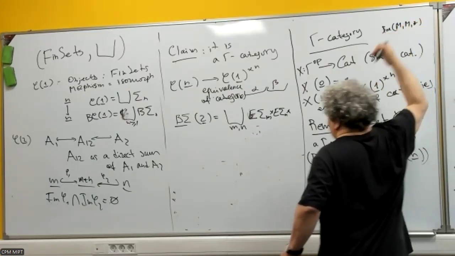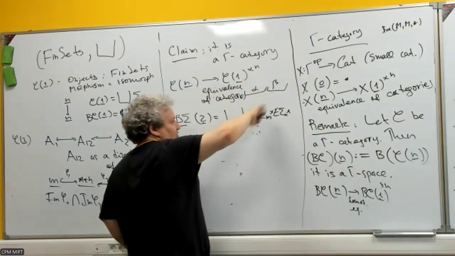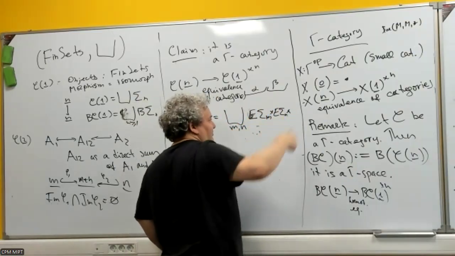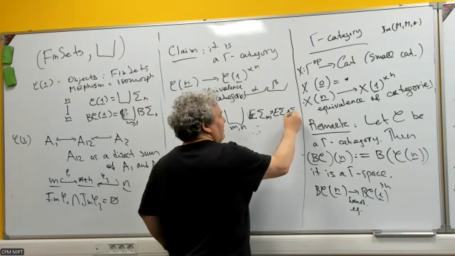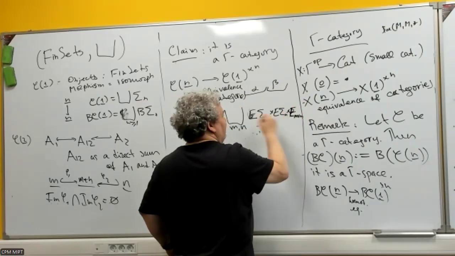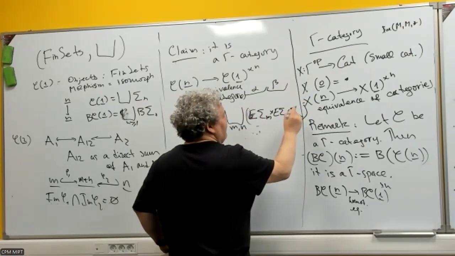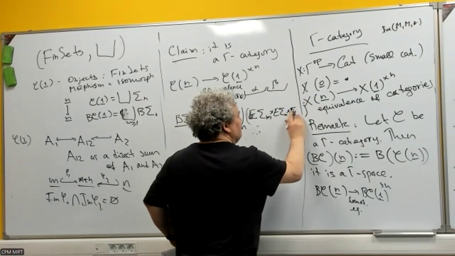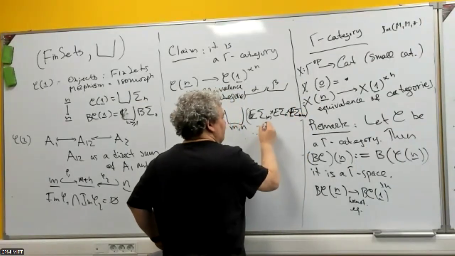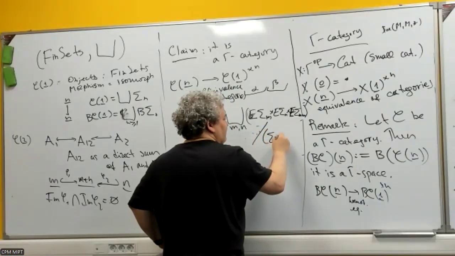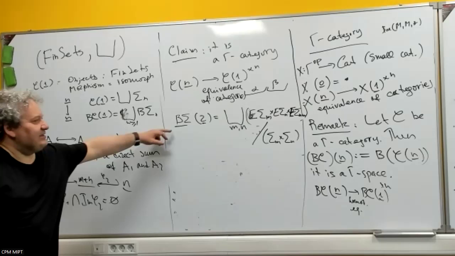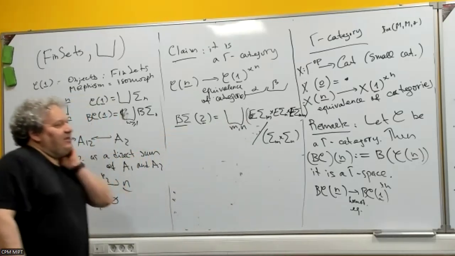So this is a contractible thing, right? Such that the quotient by the group is B sigma, so E sigma M plus N here. The symmetric group acts on E sigma M plus N, and then we take the quotient by the symmetric group sigma M times sigma N. So actually this space as it is defined looks like that.